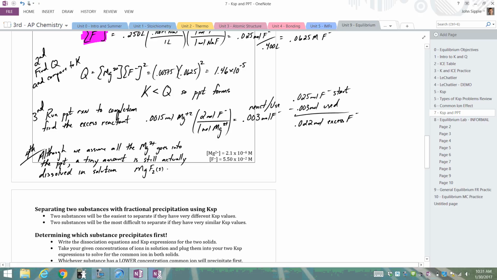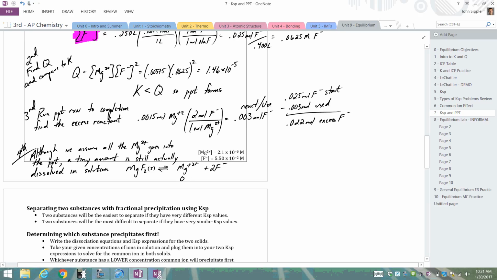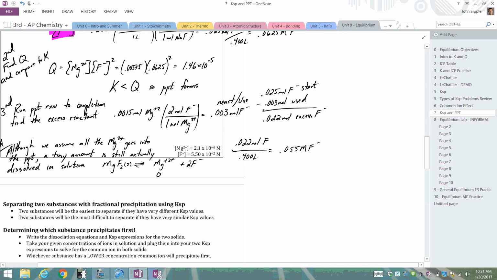MgF2, solid. So we're going to run a little ICE table here with what we have left over. We're going to assume we have 0 for magnesium there. But now the key is, if we have 0.022 moles of fluoride floating around in a 0.400 liter solution, we know we have 0.055 molar fluoride ions floating around in solution.